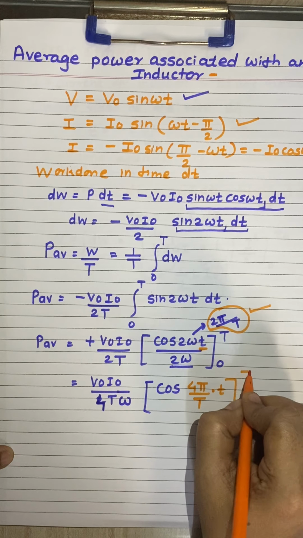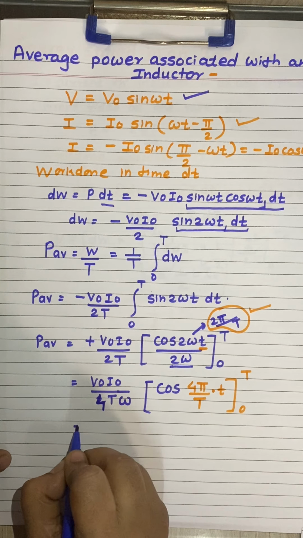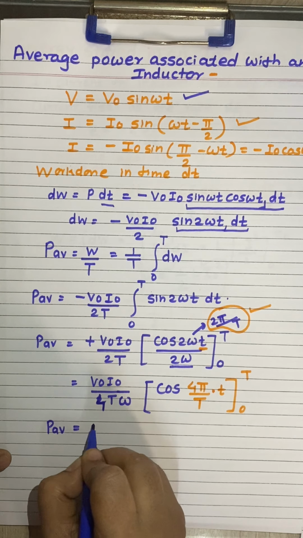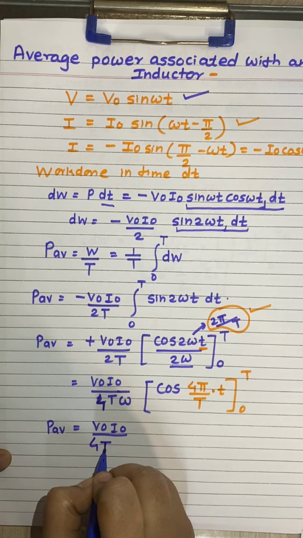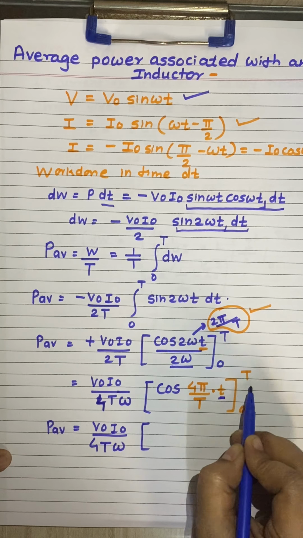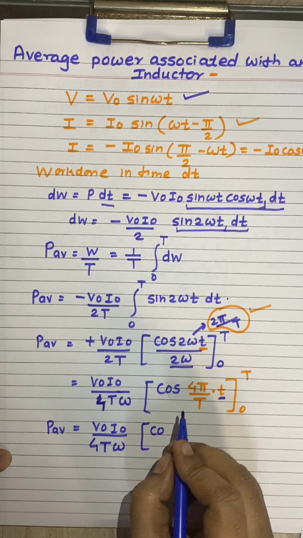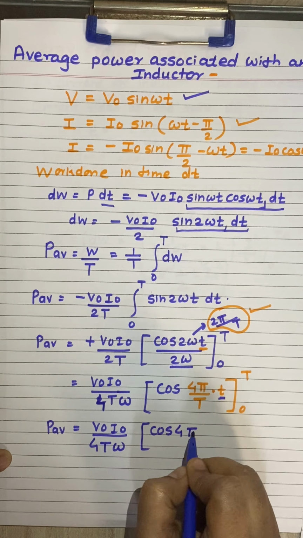from 0 to capital T. Now we are applying upper limit minus lower limit as usual. So P average is equal to V naught I naught upon 4T omega. Apply now first of all this small t replaced by capital T. Cos of, T cancels out, so we have cos of 4 pi.